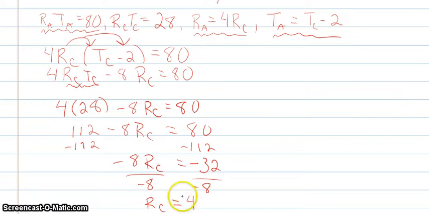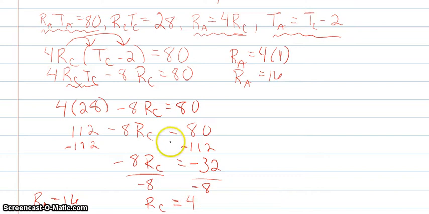So for R sub C, I can put that in here to find out what R sub A is. 4 times 4, that would be 16. Okay, and then I can fill in this R sub C here to find out what T sub C is.